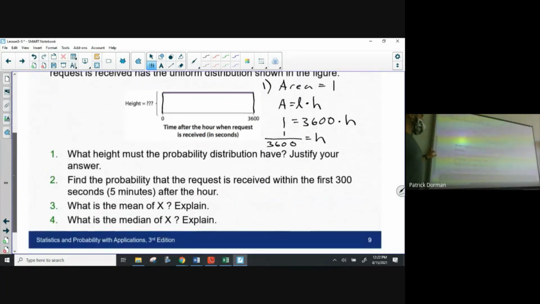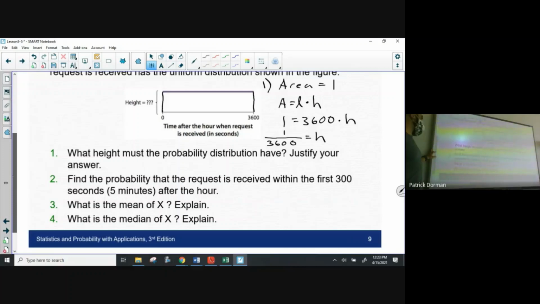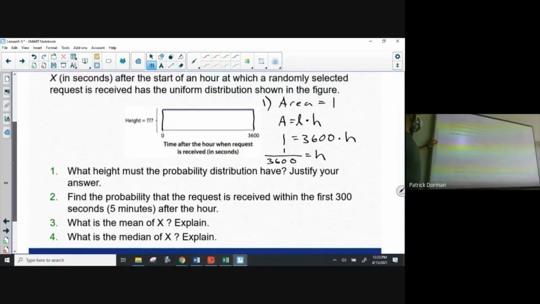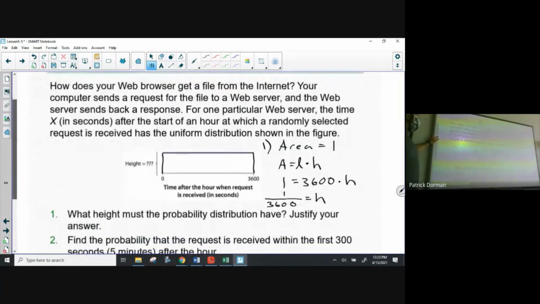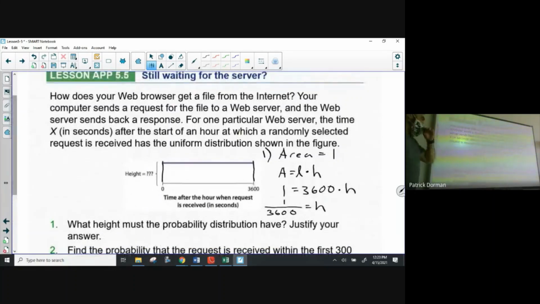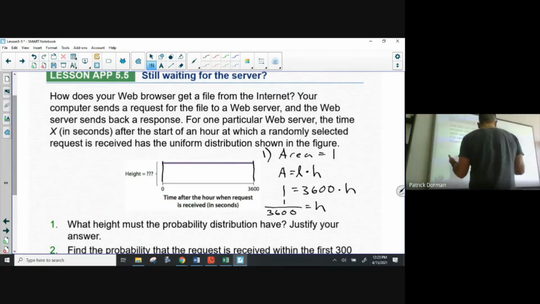Okay, what is the probability that the request is received within the first 300 seconds, 5 minutes after the hour? So we can represent this probability as an area, right? And that's what we're going to start doing. We're going to be representing probabilities as areas under the curve. So I think I would like to split this thing up into maybe 300s.